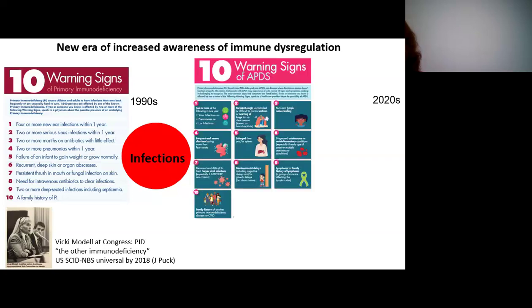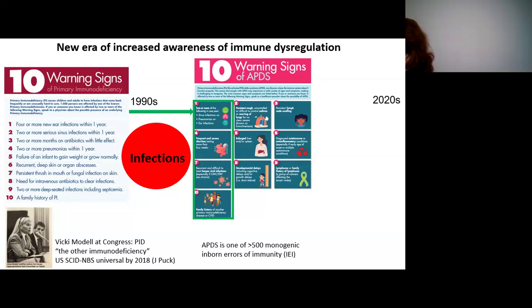However, coming to 2020 now, we have very different warning signs for each individual immunodeficiency disorder. For me, APDS is a poster child of these conditions. This disease, which is one of the many monogenic inborn errors of immunity, has only 4 of the 10 warning signs overlapping with the initial 10 warning signs of infections.